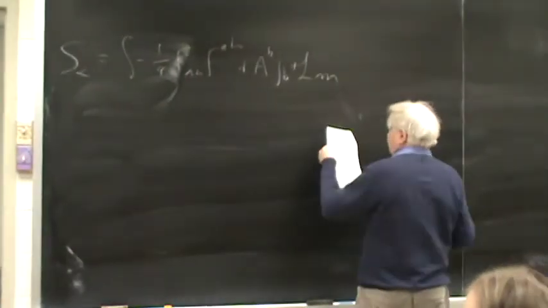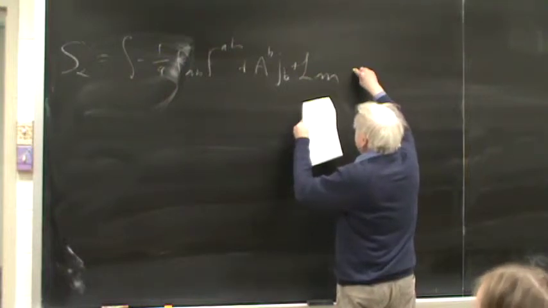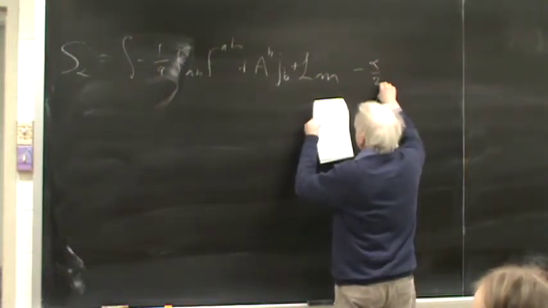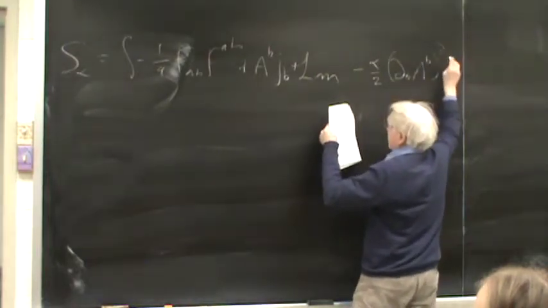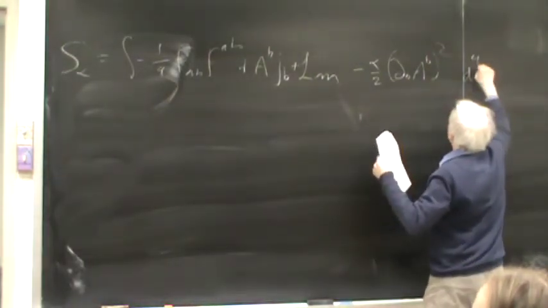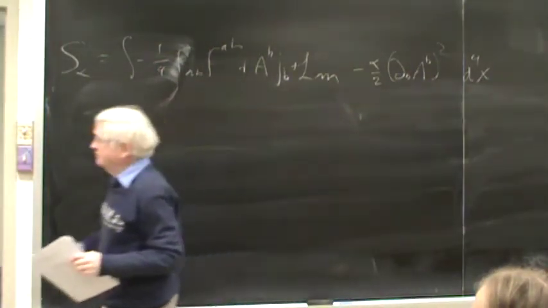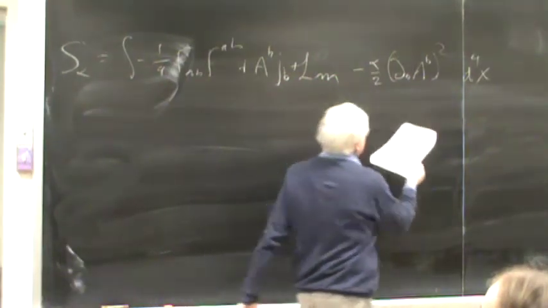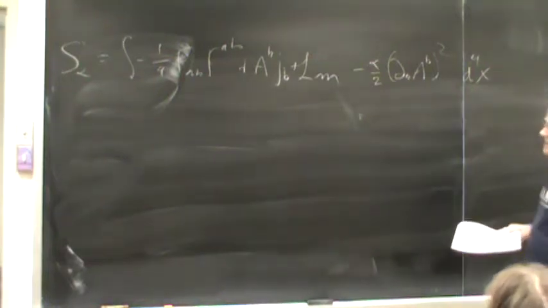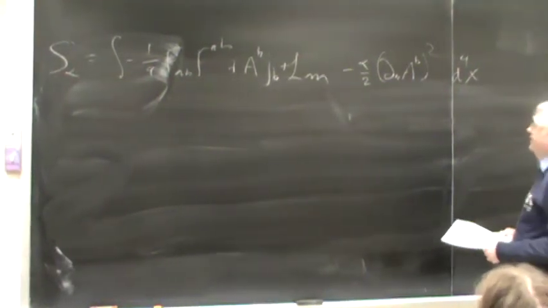And if we factor out the i, then what we have is minus alpha over 2 d_B A^B squared d4x. And let's just notice that this is D_i A_i, and this is D_0 A_0. So that's what d_B A^B is.